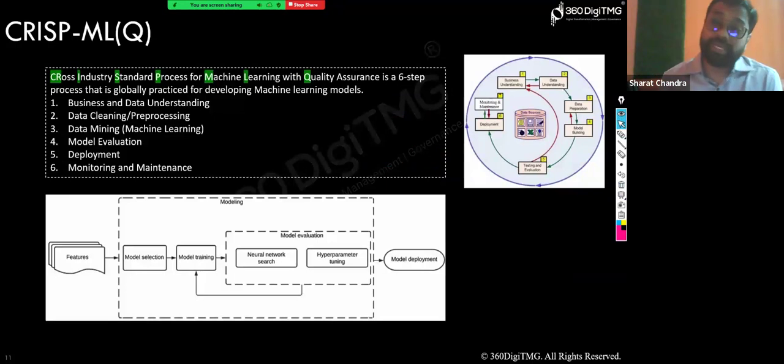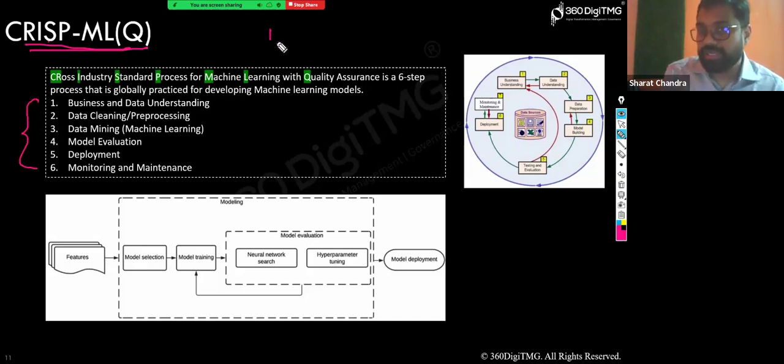And as a standard, the data solutions are always implemented using this specific methodology. We call it SMLQ. It contains 6 steps. This is nothing but a development life cycle, a product development life cycle, or specifically, we talk about a machine learning model life cycle or workflow.